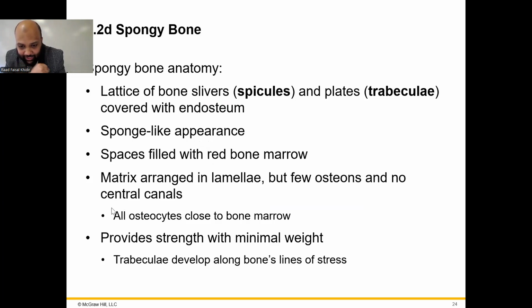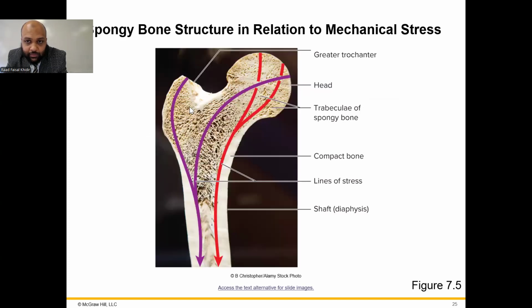All the osteocytes are close to the bone marrow. They provide strength with minimal weight, and the trabeculae develop along the bone's lines of stress. This is the spongy bone structure in relation to mechanical stress.